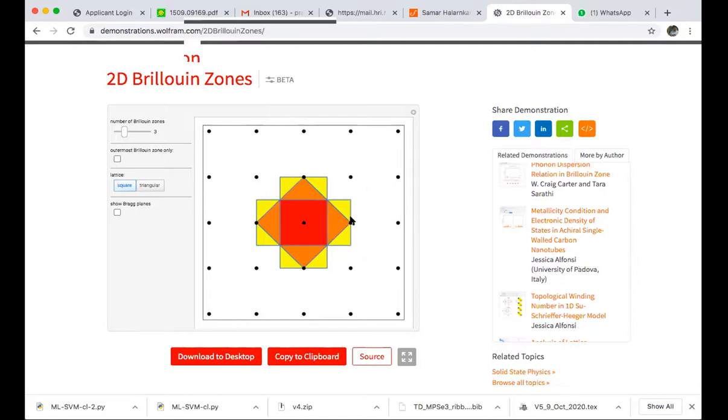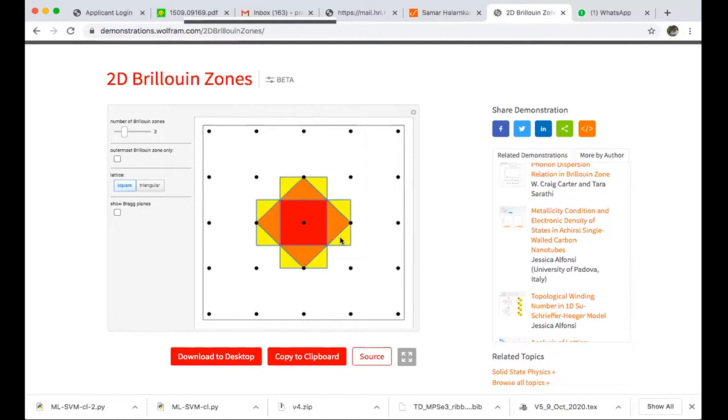And bisectors of this, so this one, for example, would be a Bragg plane, and so on. So now what I can do is, this is my origin, so I can draw lines from this to all the reciprocal lattice points. Okay, and so each one of those will be some reciprocal lattice vector. I can draw perpendicular bisectors of those.